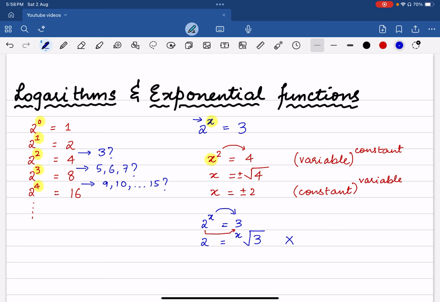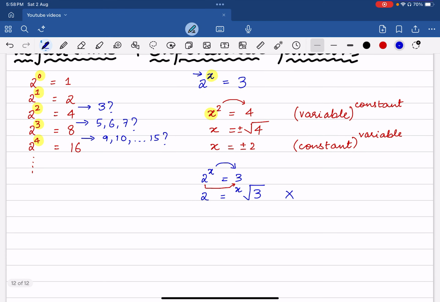And that's when a new function came into picture, and that function was called logarithms. So when you send the 2 on the other side, the new function that comes into picture is logarithms, and you find out log of 3 to the base 2.